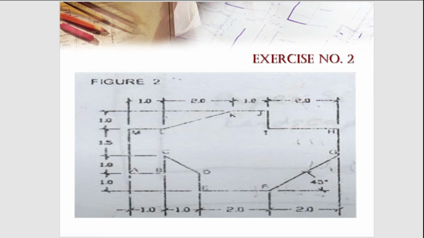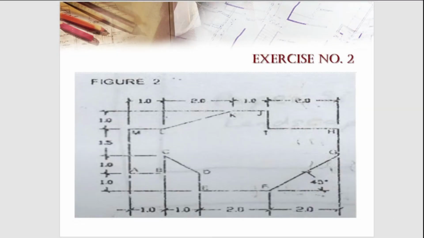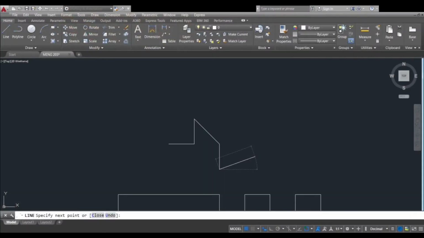Okay, so let's input this in CAD. At 1, angle negative 90. Okay, so that is our point from E to F. We can see from the figure, the distance is 2, and our angle is 0. So our coordinate will be at 2, angle 0.